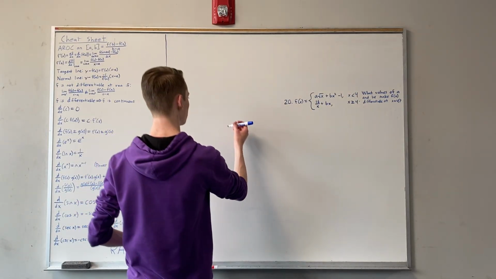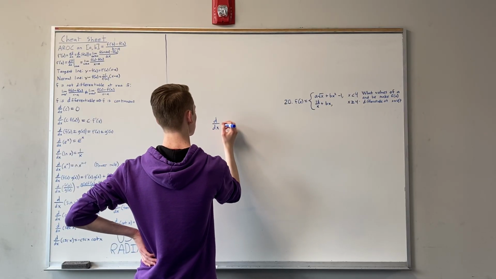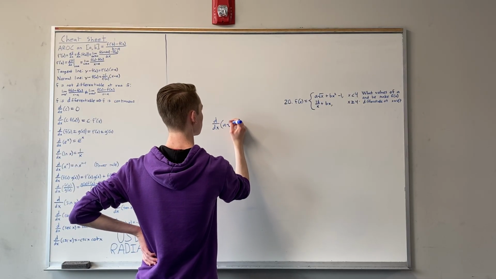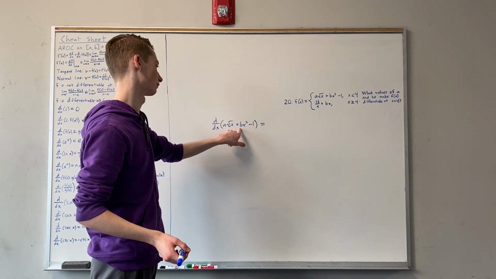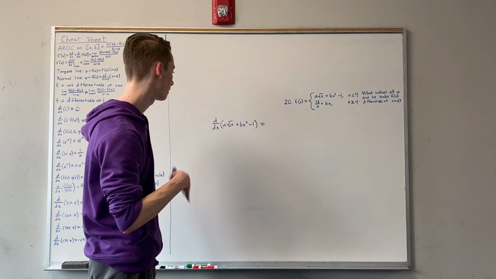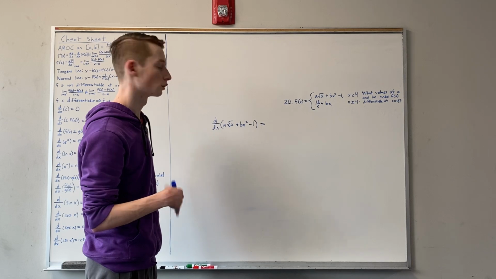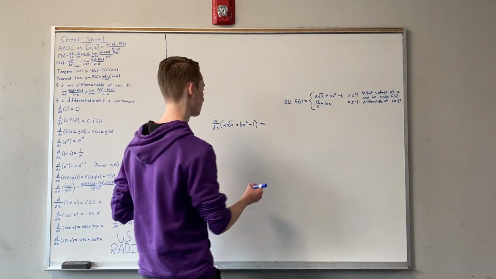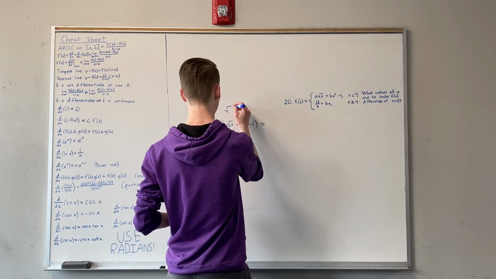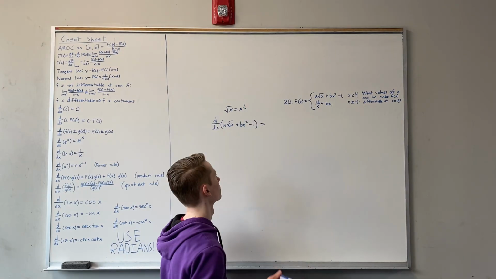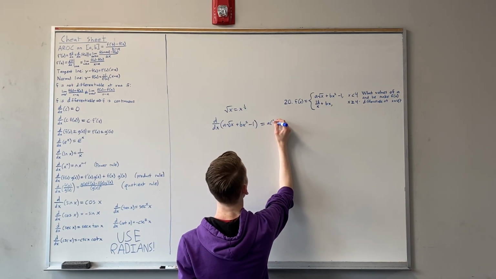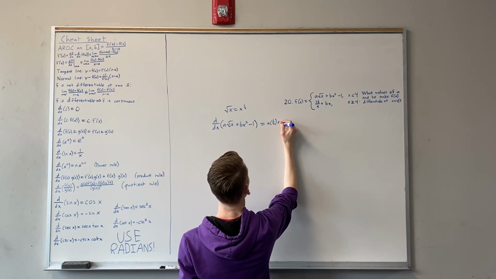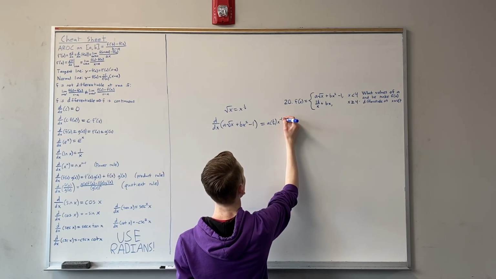So let's see here. The derivative with respect to x of a root x plus bx squared minus 1. Don't get tripped up by the fact that we have letters instead of numbers here. They're still just constants, so we can keep them off to the side. Again, square root of x equals x to the 1/2. So the derivative of a root x is a times 1/2 comes out front, and then 1/2 minus 1 is negative 1/2.